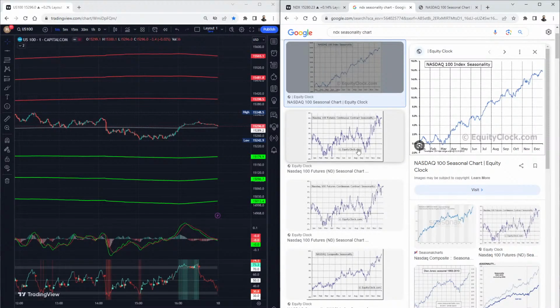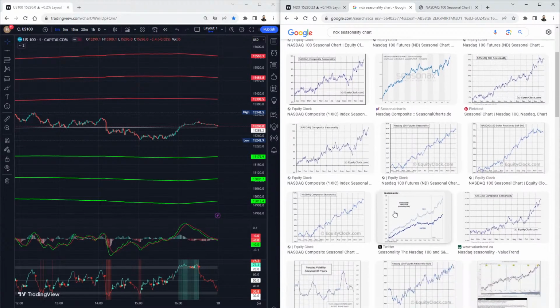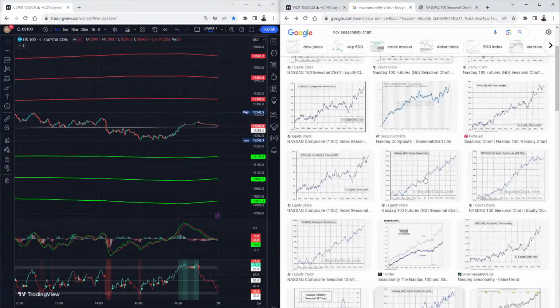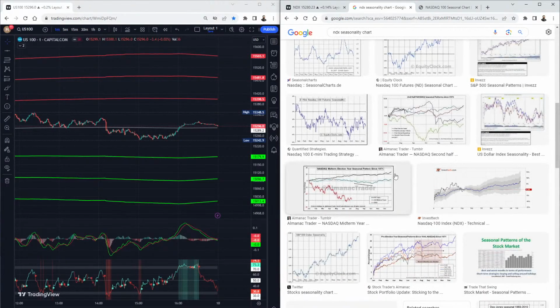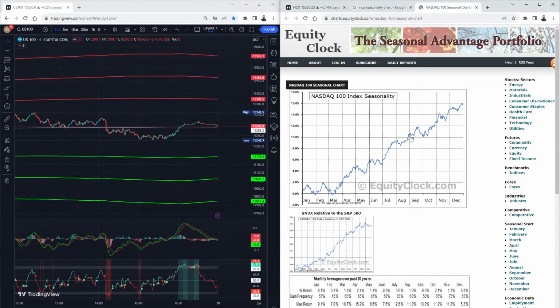Let's see if I can find the seasonality geometric chart, which shows it better. I cannot see it here for some reason. That's okay. But you can see September, by next week, we can probably get another pump after CPI data.